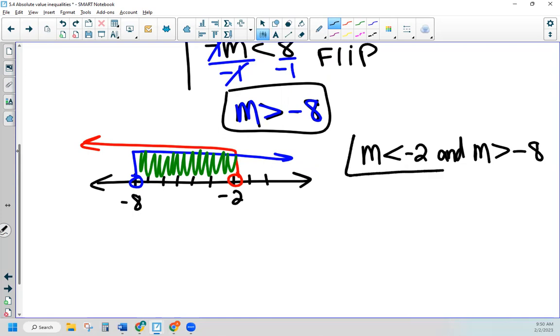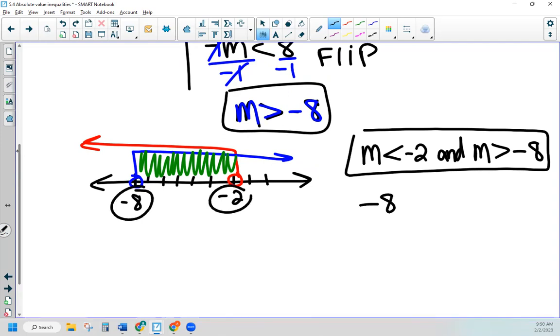So this is one way of writing our inequality, with the word and in the middle. We can also write the inequality without the word, like this. I have my smaller number, which is -8, located on the left side, and then my larger number, which is -2. My solution is set to fall inside, meaning it's greater than -8, but less than -2. That's another way of writing it.